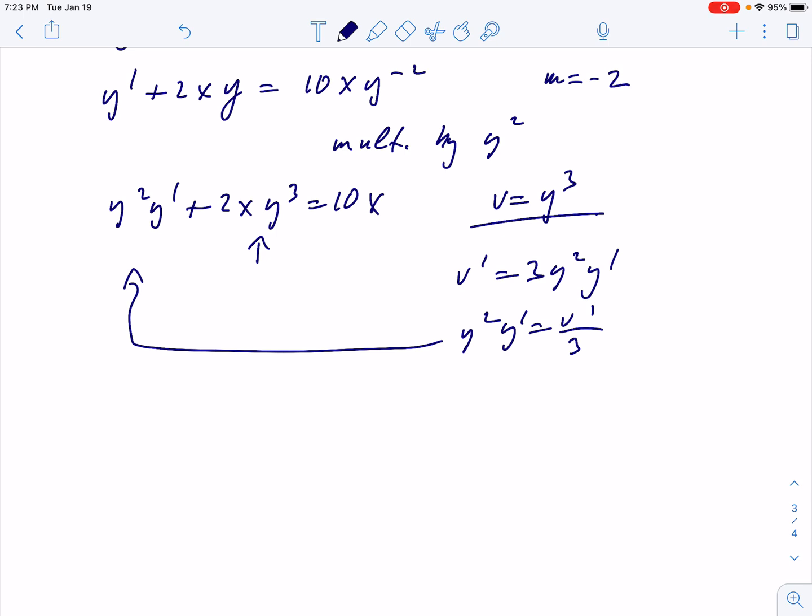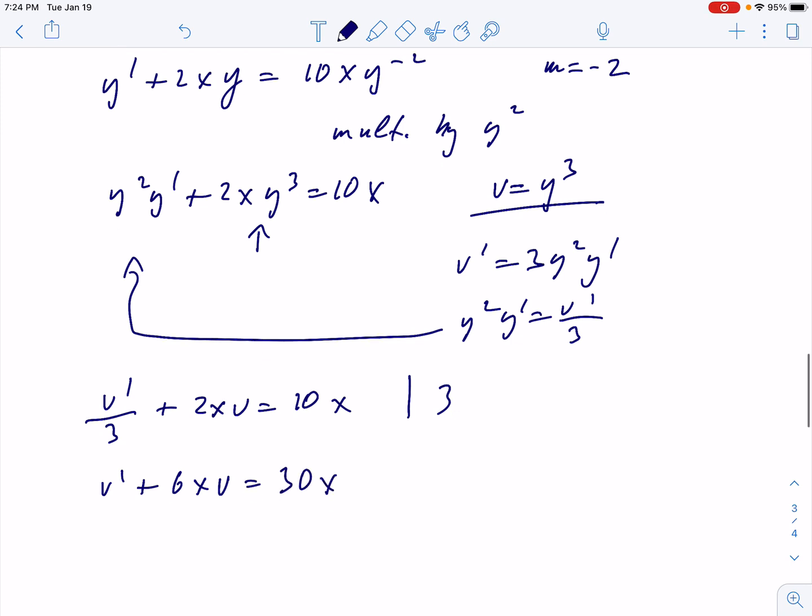The new equation becomes v prime over 3 plus 2xv equals 10x. Linear, not in standard form. So we multiply by 3. The equation becomes v prime plus 6xv equals 30x.